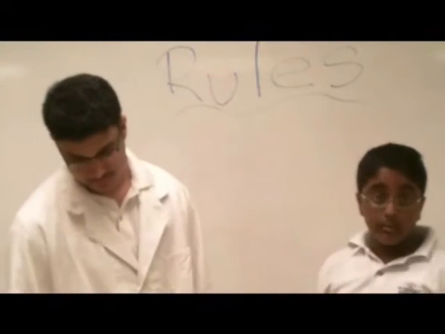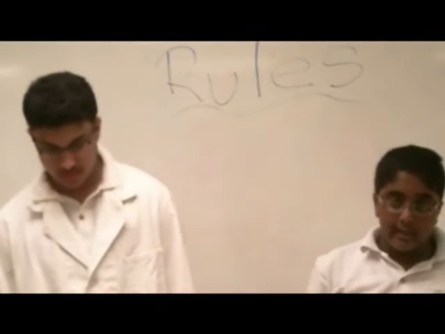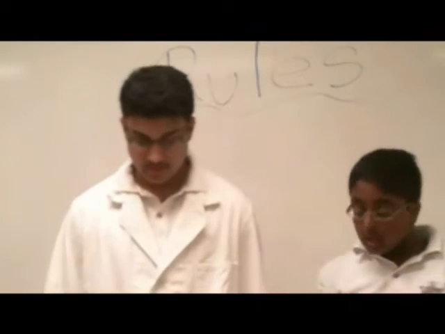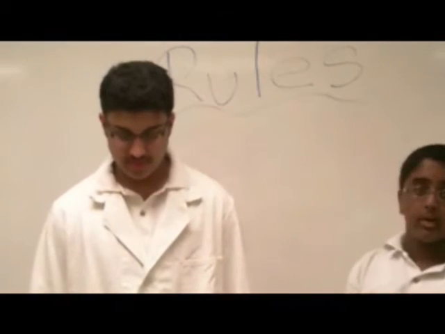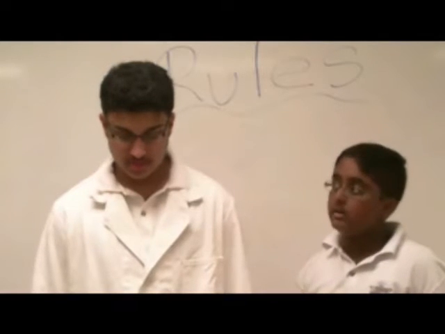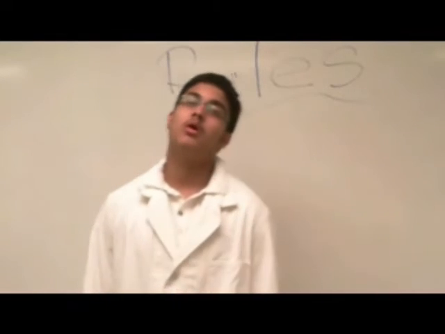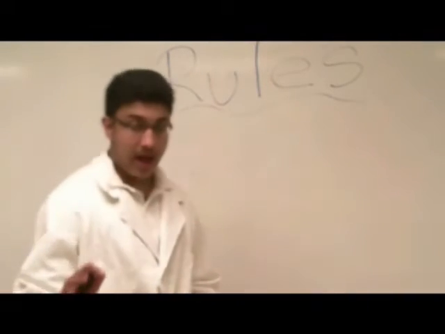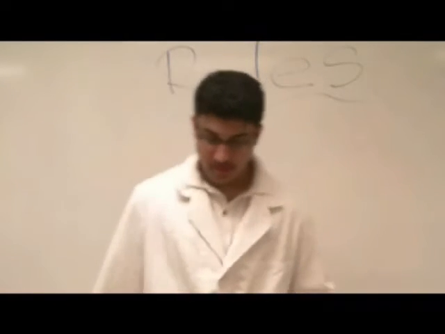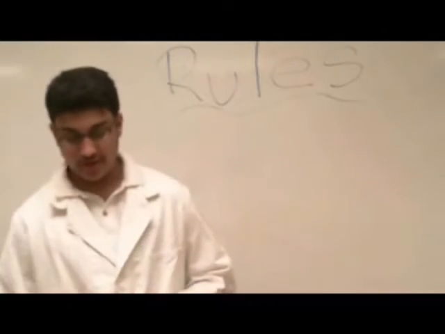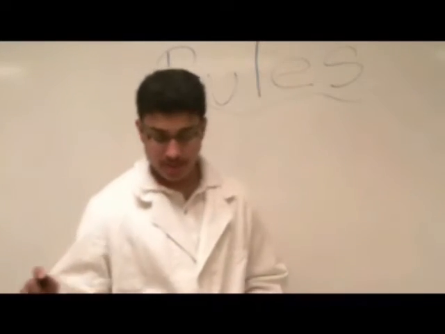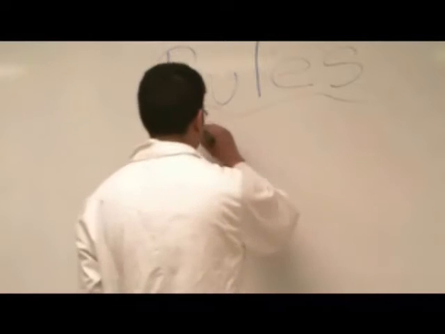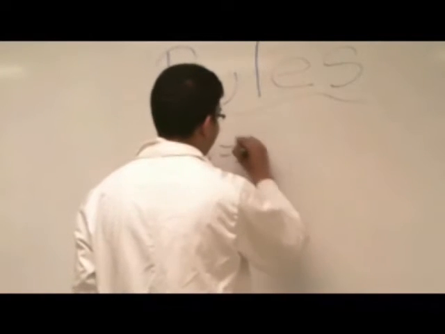Now, let's talk about some rules. Every formula has a rule, and in this case, Mr. O will explain the rules. For I, describe how potential difference and current are affected when one of the values changes. You can see this in V equals IR.